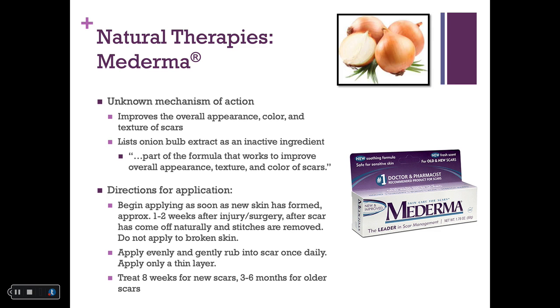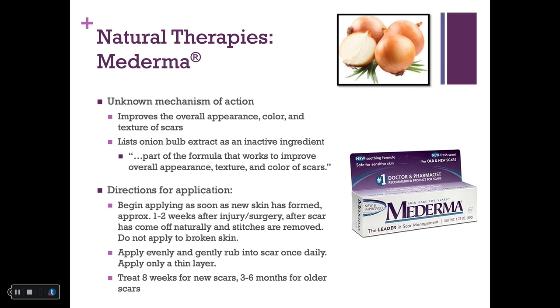You also have products like Mederma out there. Mederma is a natural product. So the active ingredient is a botanical extract. It's actually onion extract. It claims that it improves the overall appearance, color, and texture of scars.